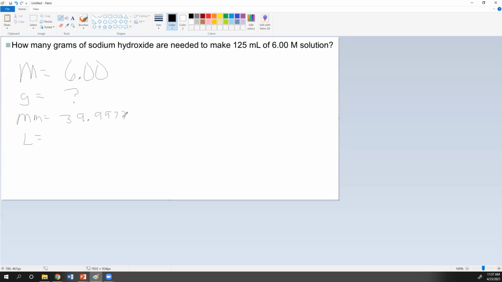And what about my liters? 0.125. So now this sets up as 6.00 equals X over 39.9972 over 0.125.